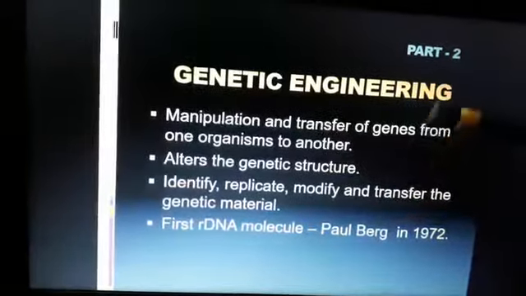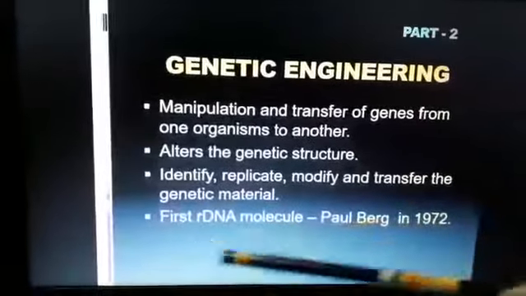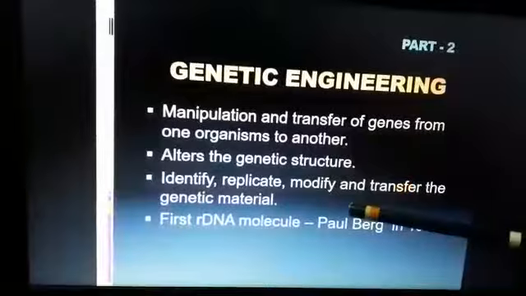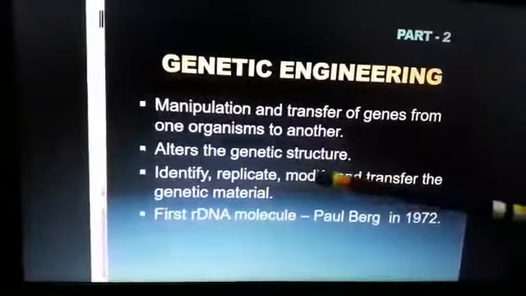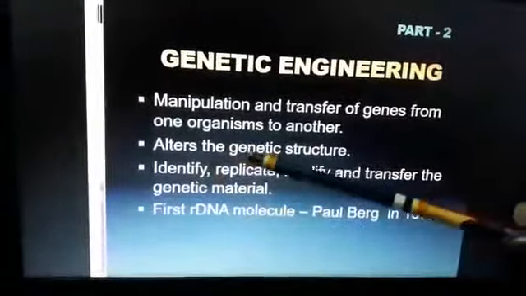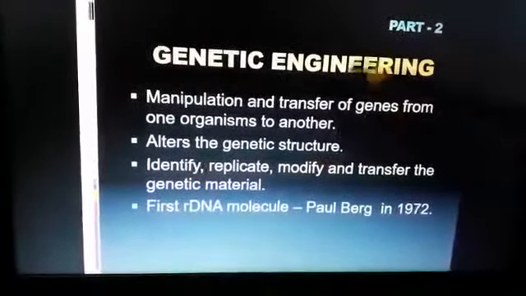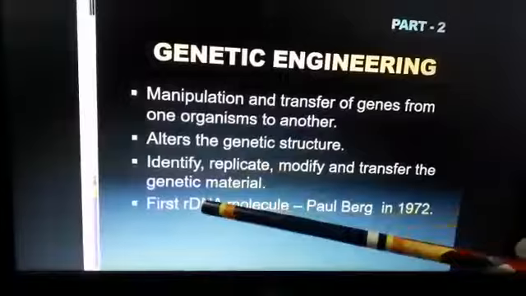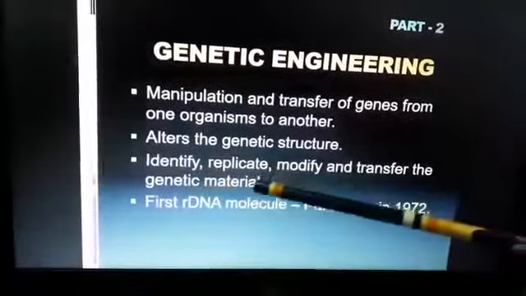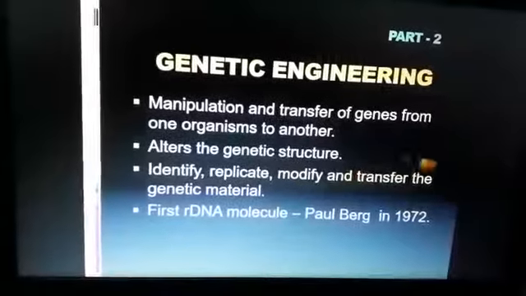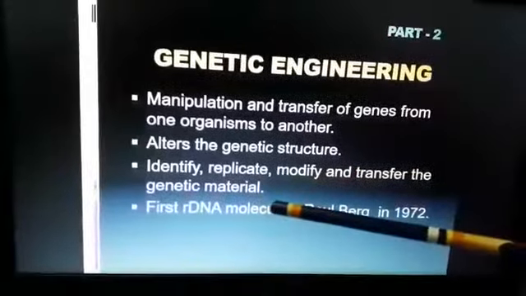That DNA is called rDNA or recombinant DNA. It is used to alter the genetic structure of organisms. At the same time, it identifies, replicates, modifies and transfers the genetic material.